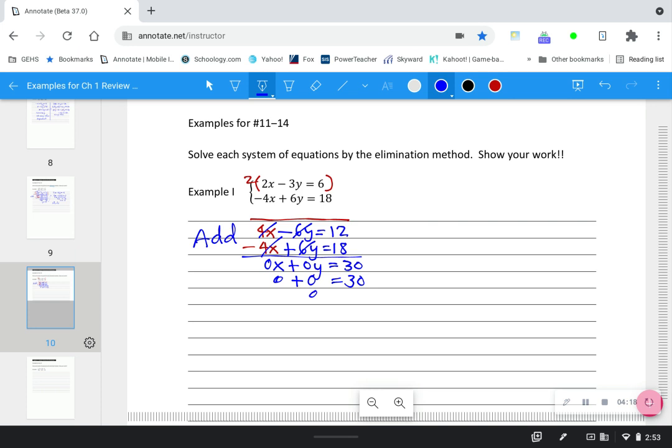And you get something that's not true, never true. And when you get something that's never true here, that's an indication that you're dealing with parallel lines. So this is parallel. Again, notice how to spell parallel. There's no solution to this system of equations, and this is called an inconsistent system.